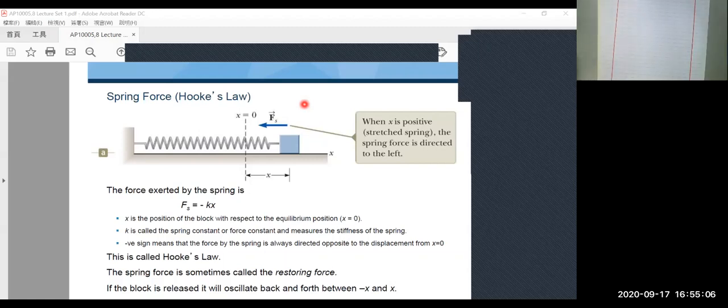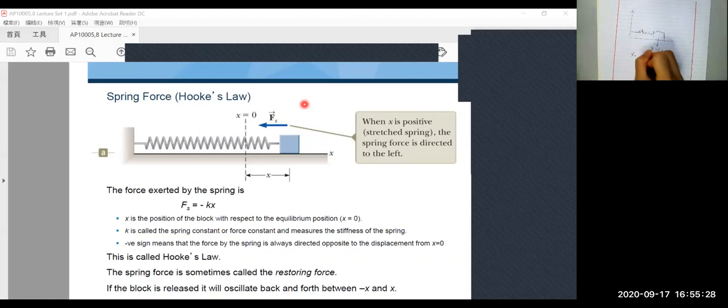When you have a spring, say the one in the diagram or the one that I'm drawing on the paper, it really depends on how much you are extending the spring from the equilibrium position.